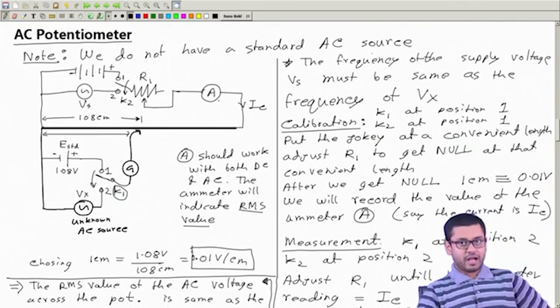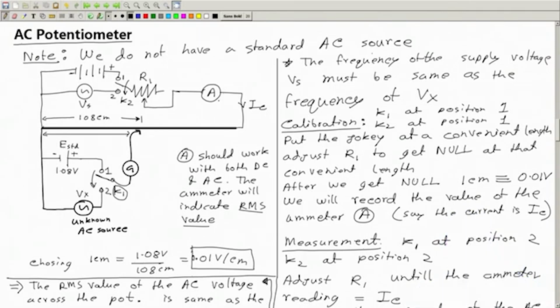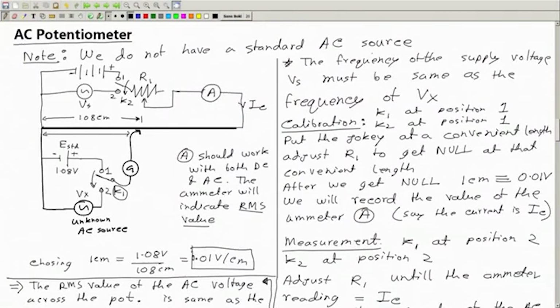Now, I will conclude this class with a question. We have said that this supply voltage and this unknown voltage must have same frequency, otherwise we will not get balance or null at all. But is that enough? What if this supply voltage and this unknown source have different phase angle?